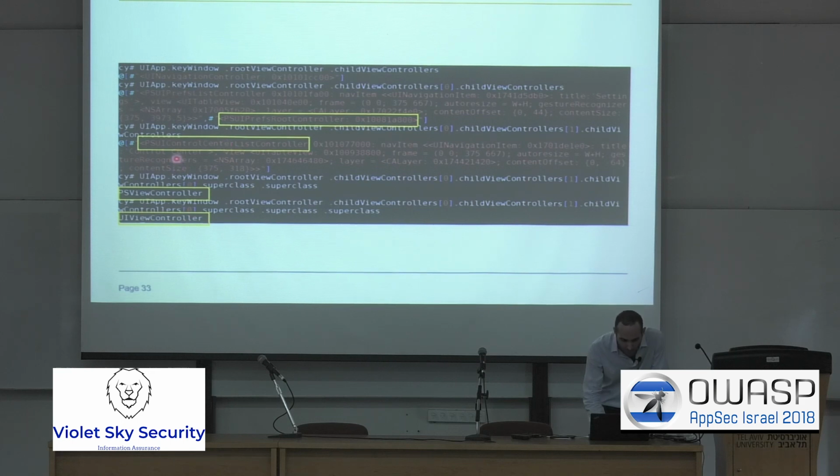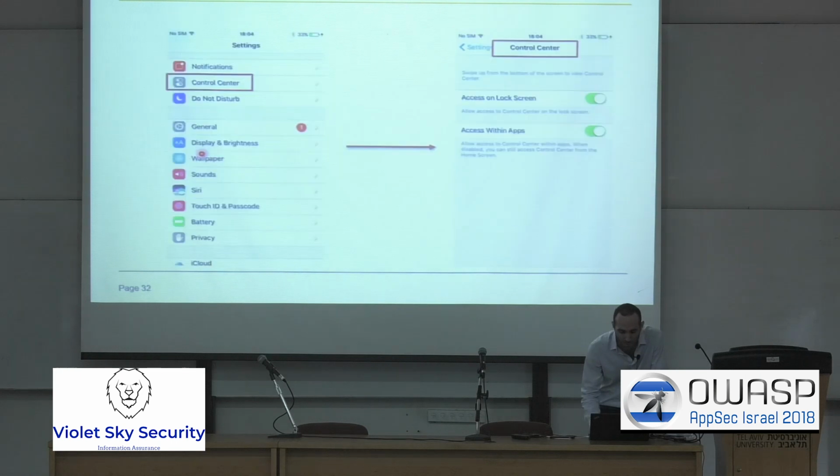And that child is called ControlCenter, which is probably the one displaying the Control Center. So that would be an example of how we can examine the current tree of view controllers in the application we are working on.